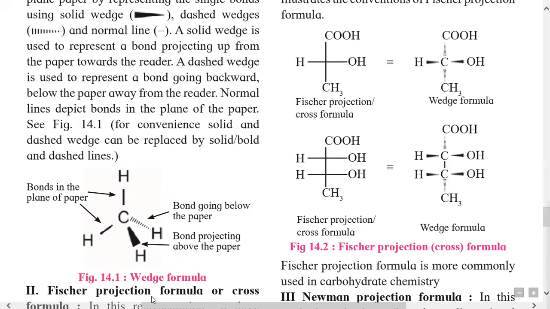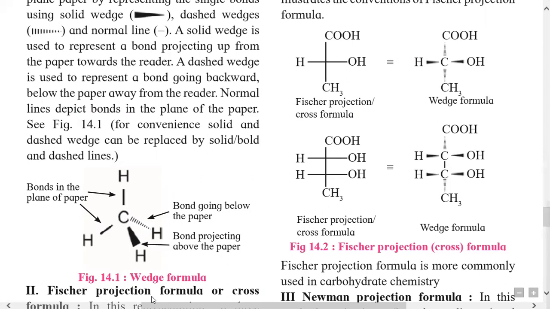The actual wedge formula can be shown here: CHO, then CHOH, CHOH and CH3. See here, the vertical bonds are below the plane, shown with the help of dashed wedges, and the horizontal bonds, shown with solid wedges, are above the plane.